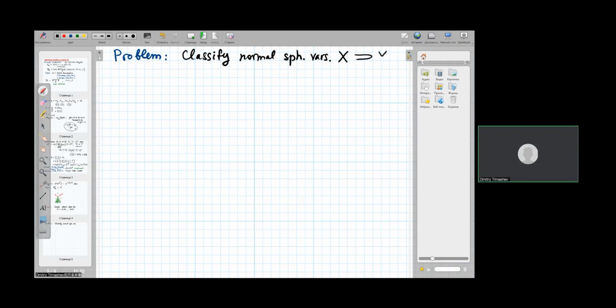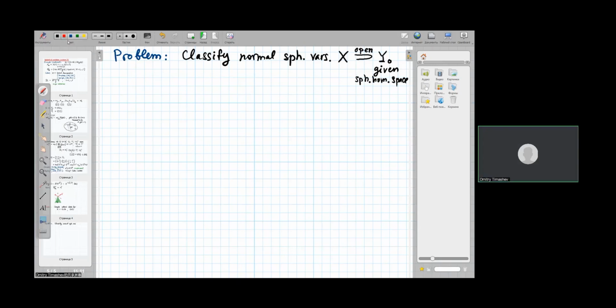So the spherical varieties X should contain a given spherical homogeneous space, Y not, as the open orbit. So this embedding should be an open embedding.